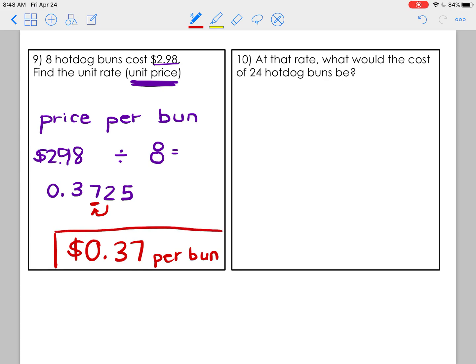Now, number 9 and 10 go together because it says at that rate, the rate we found right here, what would the cost of 24 hot dog buns be? So we're paying $0.3725 for each bun, for 24 hot dog buns.